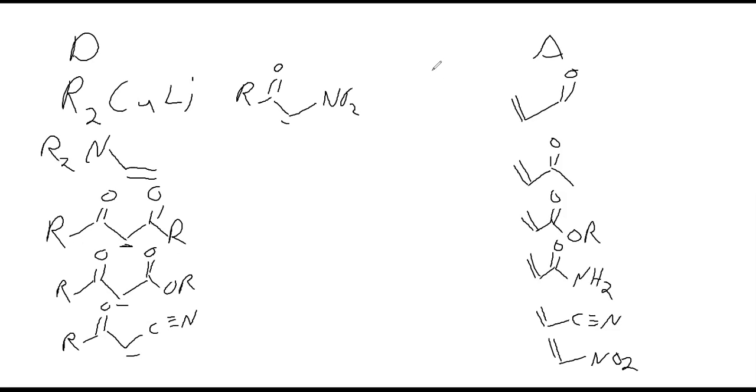So you see a lot of repetition. You hear that nitro, cyano, all the same groups. The only difference is that this is unsaturated, and these usually have a nice lone pair to donate. So let's look at some reaction like this.